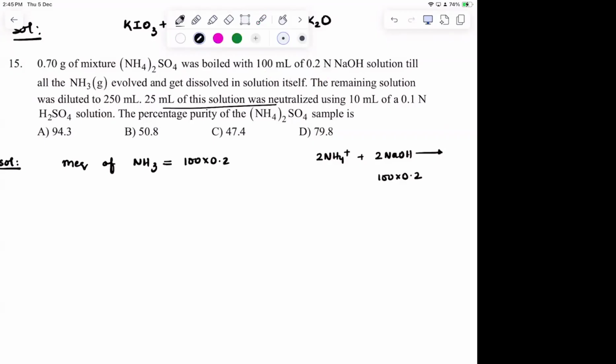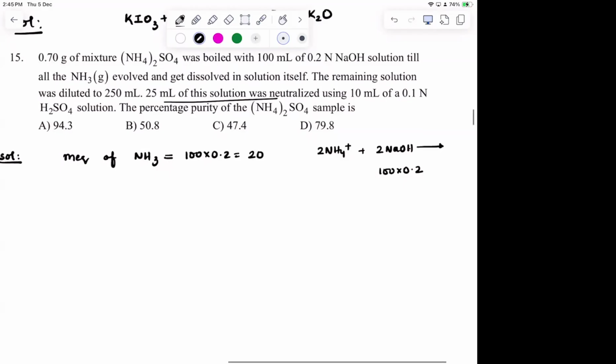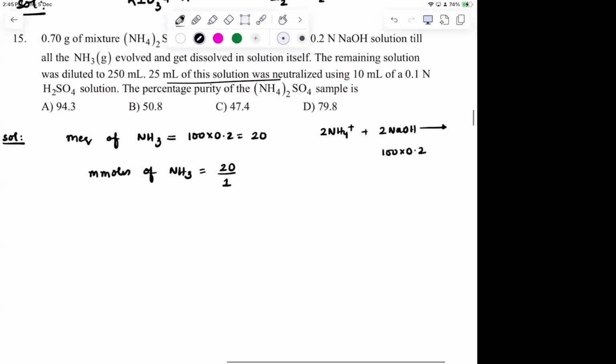100 into 0.2, which is 20 here, and millimoles of ammonia will be equal to how much? Millimoles of ammonia will be equal to 20 divided by 1, because the valency factor is 1 for ammonia.